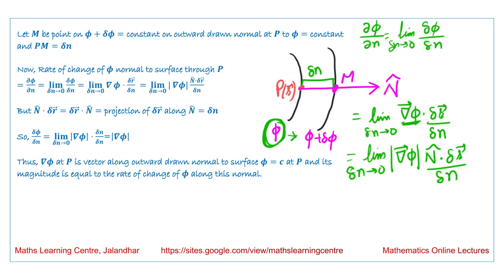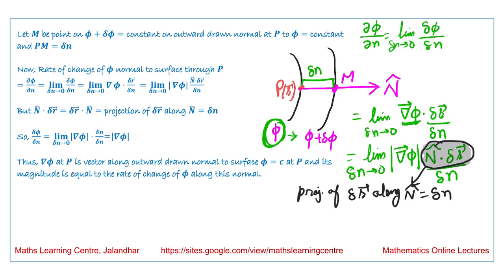Now look at this term, n cap dot delta r. This is basically the projection of delta r vector along the normal, and this value is equal to delta n.